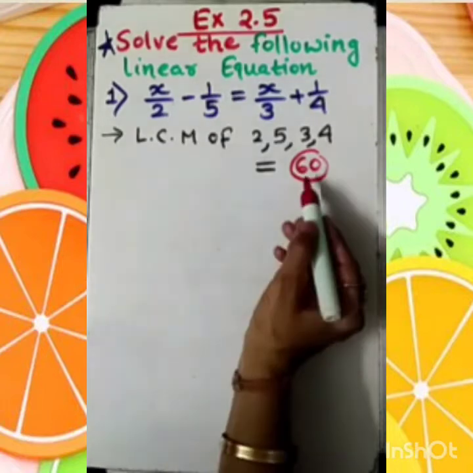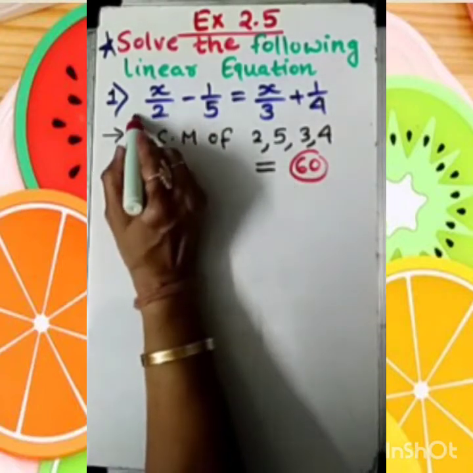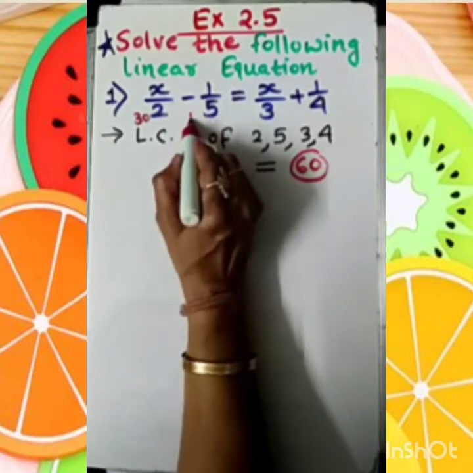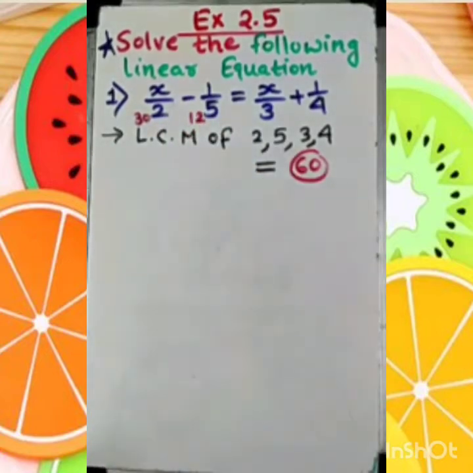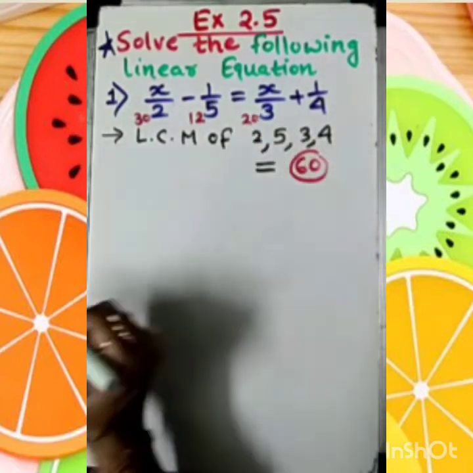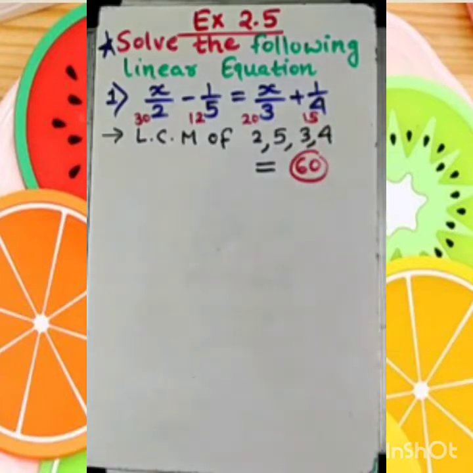So my dear student, if it is 60, then I need to multiply 2 with 30 because 30 twos are 60. 5 can be multiplied with 12, 12 fives are 60, and of course 3 twenties are 60 and 15 fours are 60. With small writing I have mentioned this nearby the denominator.